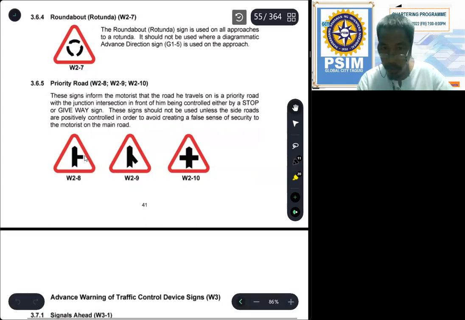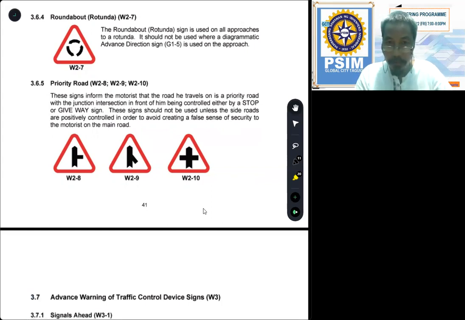We have a side road here that would merge traffic here, and also here, with the arrow as a direction going straight up. So: side road near perpendicular, side road greater than 45 degrees, and side road on both sides.